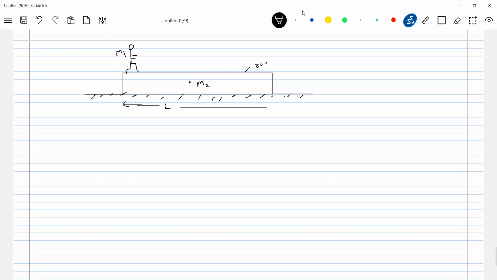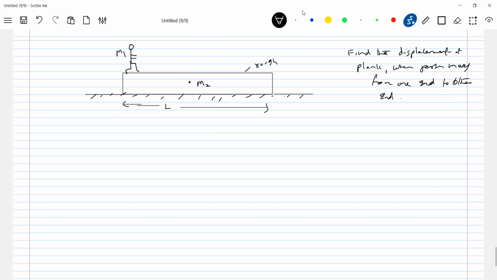And the plank surface should be rough, no? Then only the person can walk on it. By the time the person moves from one end to another end, what is the displacement of the plank? Find the displacement of the plank when the person moves from one end to the other end of the plank.